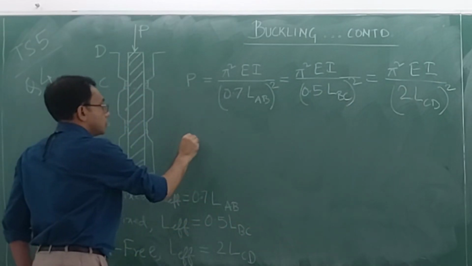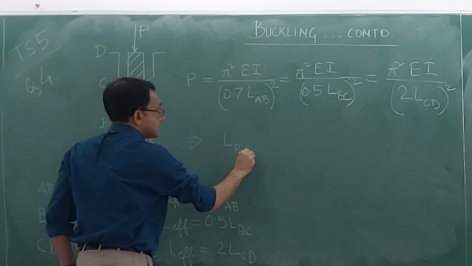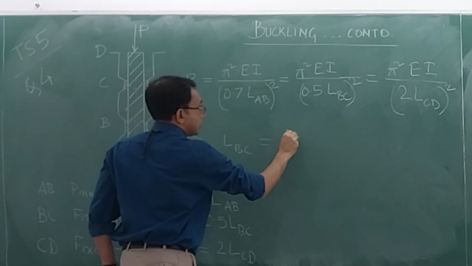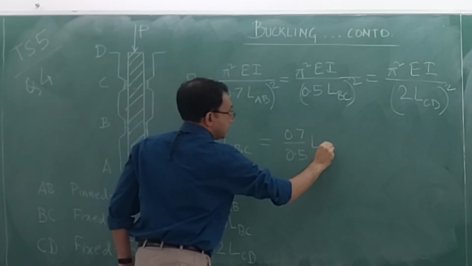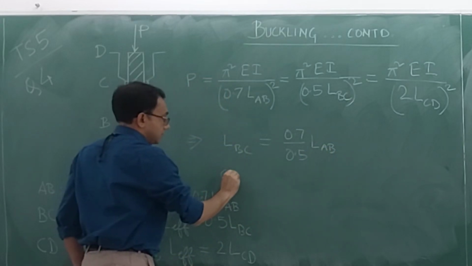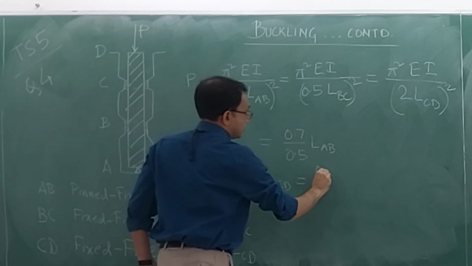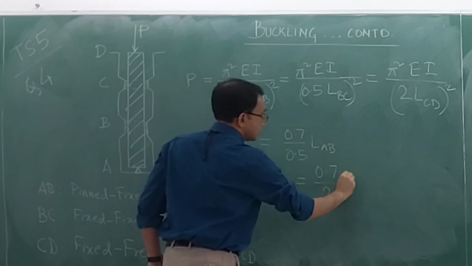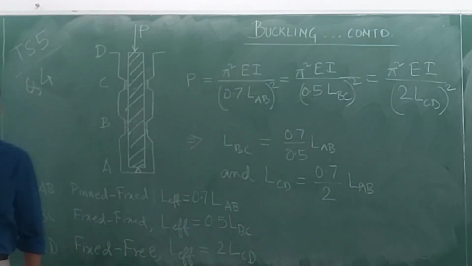So what you have basically is that LBC is equal to 0.7 divided by 0.5 LAB, and LCD is equal to 0.7 divided by 2 LAB. You know LAB is equal to 1.4 meters. We get the answer.